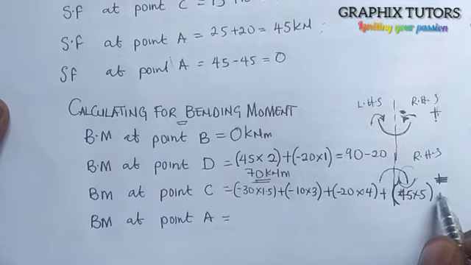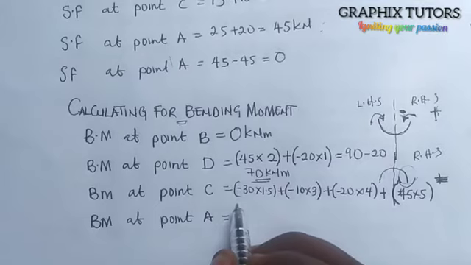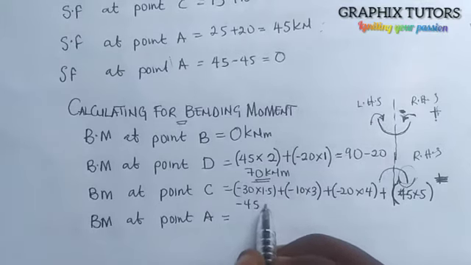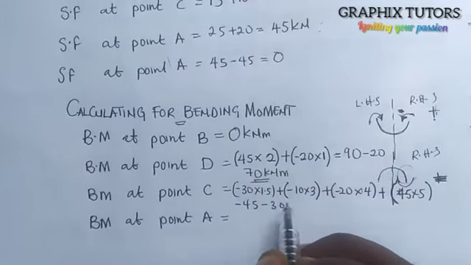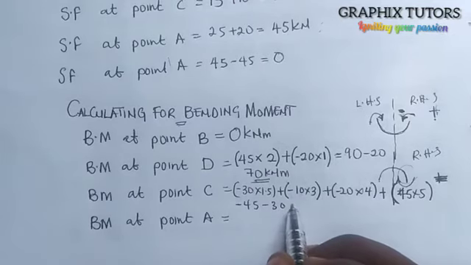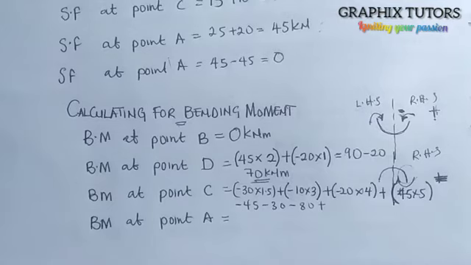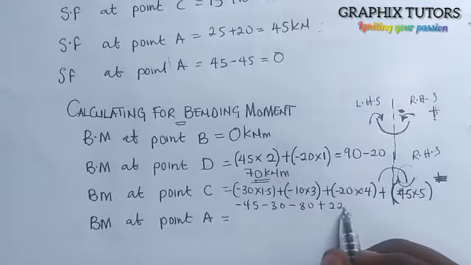So at the long run, 30 times 1.5 will give me 45. So we have minus 45 here, minus 30, because minus 10 times 3 is minus 30. Then we have minus 80, then plus 45 times 5, that will give me 225.